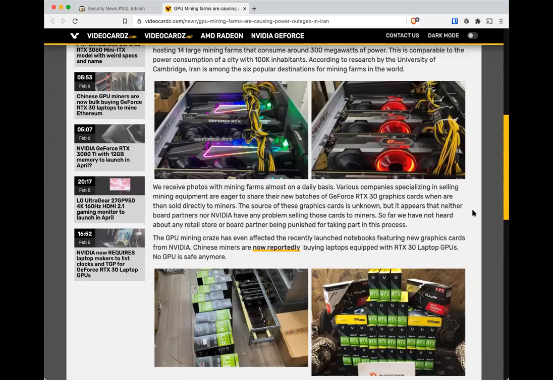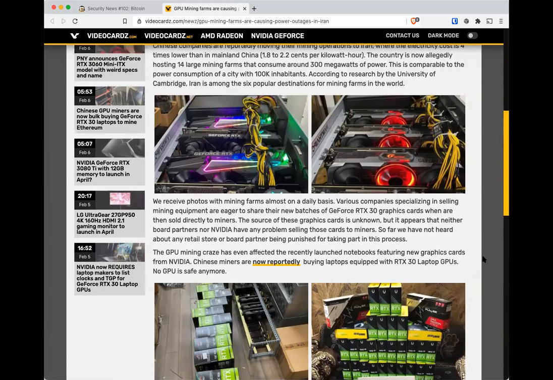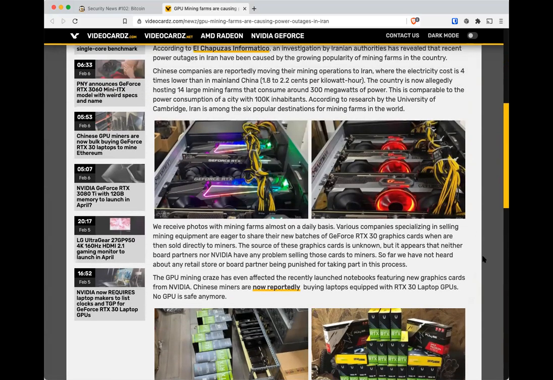Well, why is the electricity cheap? Well, apparently there's not much of it and they're not good at producing it. So what's happening is that these crypto miners are using up all the electricity. Oh, fire alarm went off. They're using up all the electricity, and there's not enough left for everyone else.